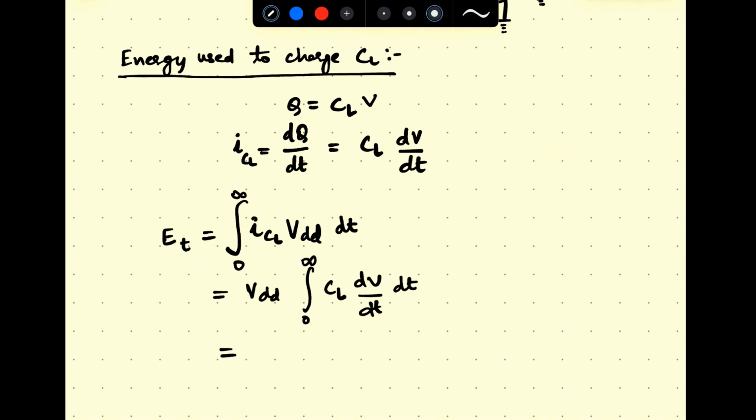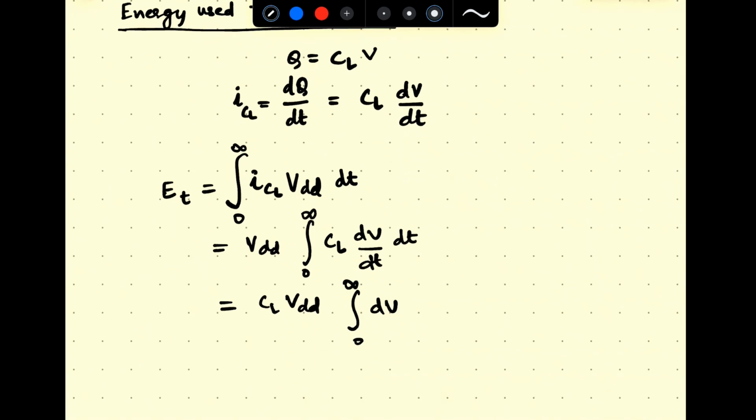Load capacitance is also constant, so we can take it out of the integral. So we are left with CL VDD and then this integral dV. The integral of dV is the final voltage. So the energy used is CL VDD squared. So this is the energy for the transition going from 1 to 0.